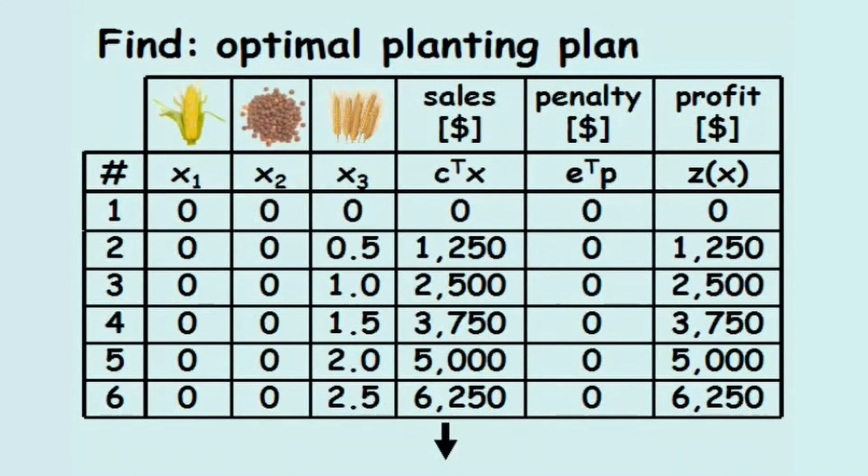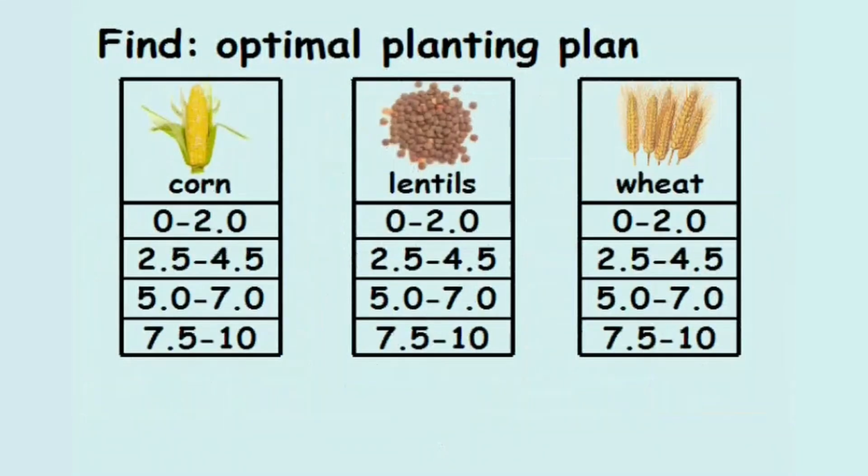Next, a table is created to determine which combinations of X1, X2, and X3 have the highest profit. The average profit of each planting, which falls within a certain range of corn, lentils, and wheat planted, is calculated. For example, on the first trial, where x1 equals 0, x2 equals 0, and x3 equals 0, this planting plan would fall in the range of 0 to 2 acres for corn, lentils, and wheat.